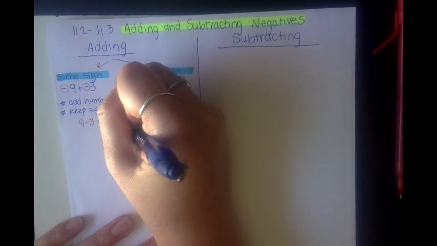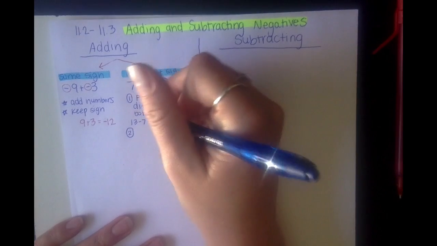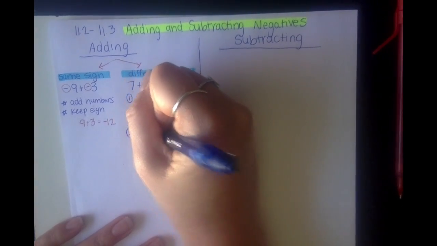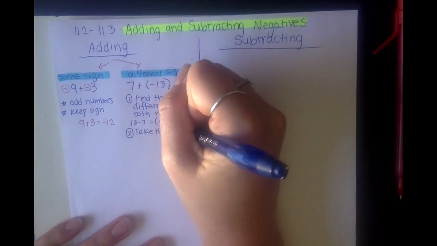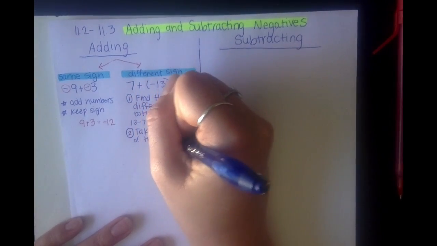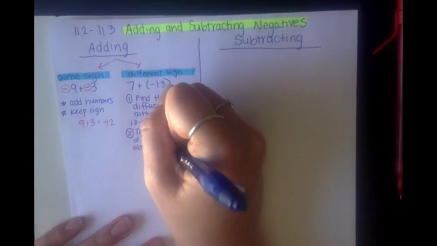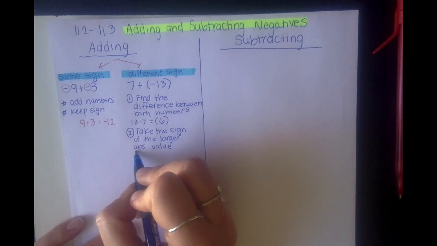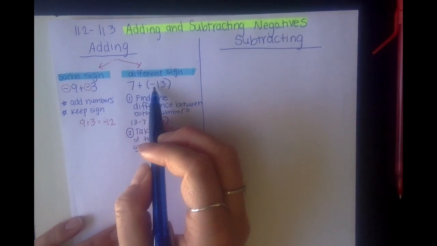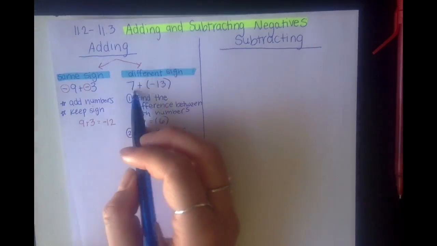So then step 2, once I find the difference between 13 and 7, is to take the sign of the larger absolute value. That's very important, because technically 7 is greater than -13, but I'm looking at the absolute values. Which one has a greater distance from 0?